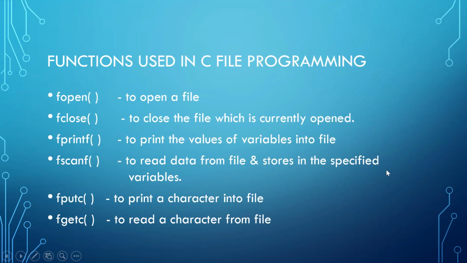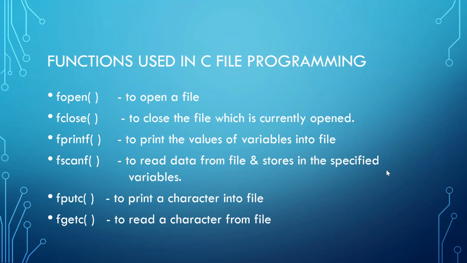Now let us see the functions used in C files. Number one, fopen. If you want to do any operation, first we have to open the file. The fopen function allows you to open a file, and the mode also we specify in the fopen function. Next one is fclose. This we generally use at the end of the program. Before we close the brace for the main method, we write fclose, and within brackets we pass the file pointer.